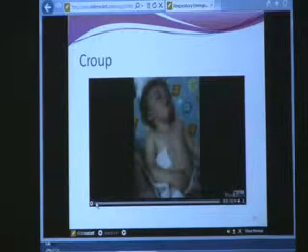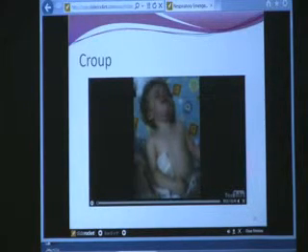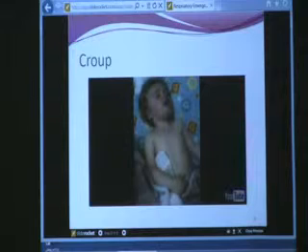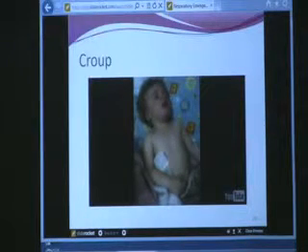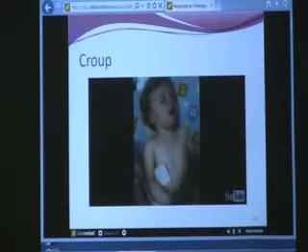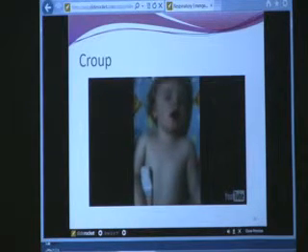And this will just be an example. See here, he's got a little bit of stridor, but more that barky, croupy cough.